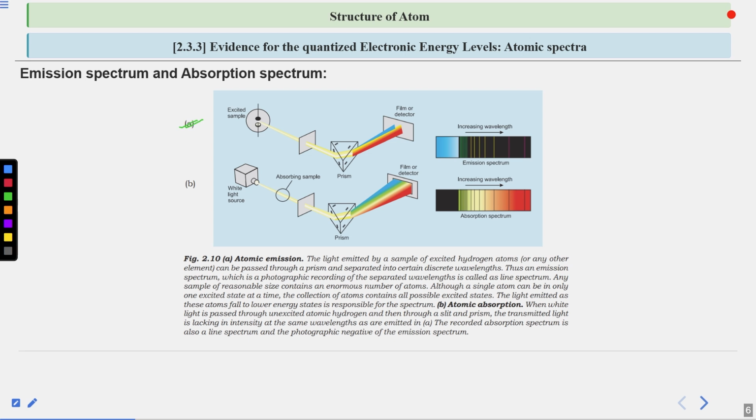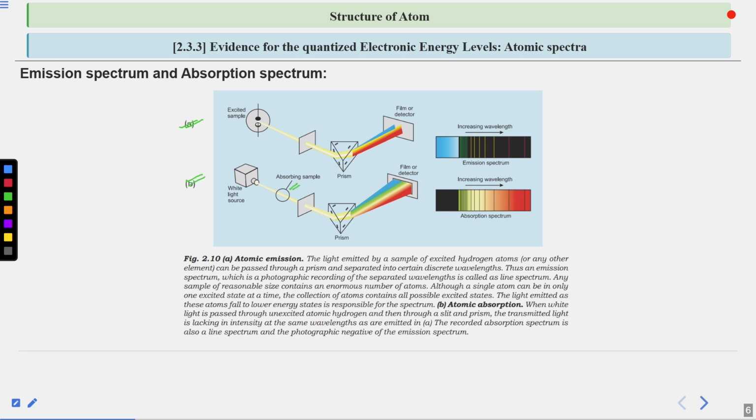In second, we have a white light source. First, let us try to understand the white light source. Suppose we have a metal or a non-metal or any other element in whose spectrum we are interested. We keep that sample here.